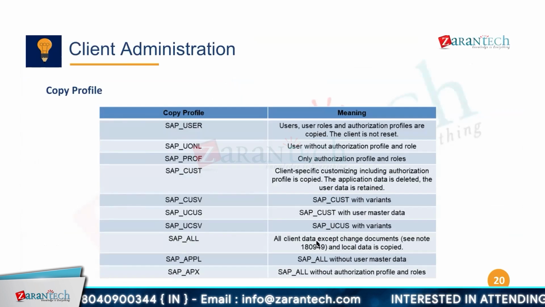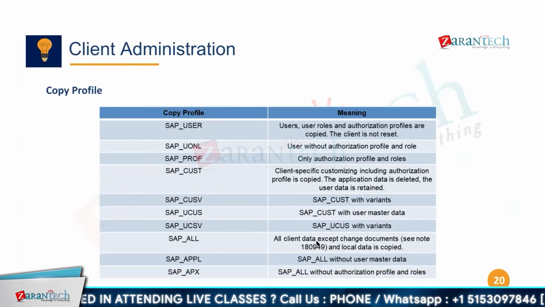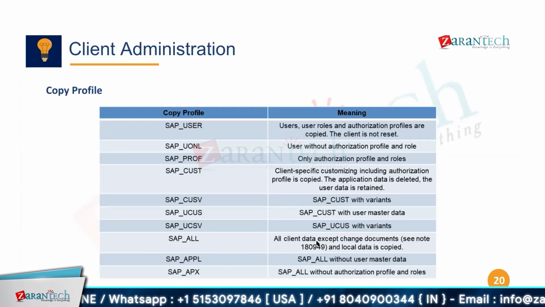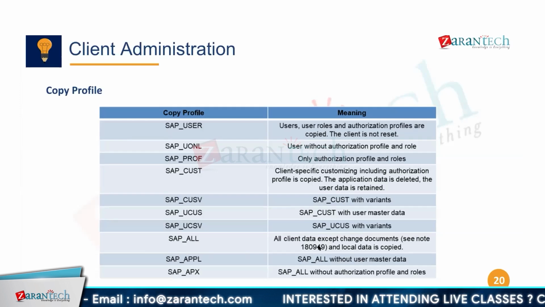There are three types of data: user data or client independent data, application data or the client dependent data, which I explained in the blue color on the slide, and then repository or cross-client customizing. Everything will be copied if you select the profile SAP_ALL. That is the crude way of doing it.